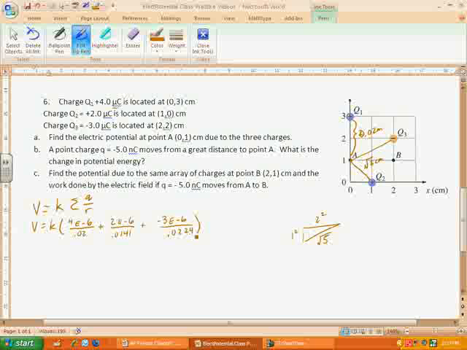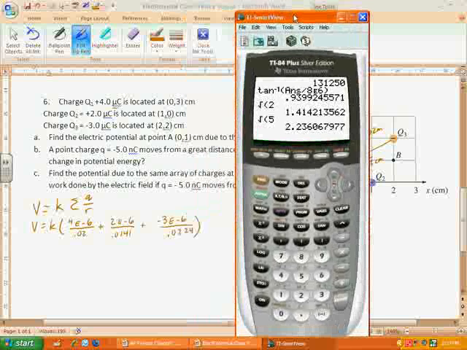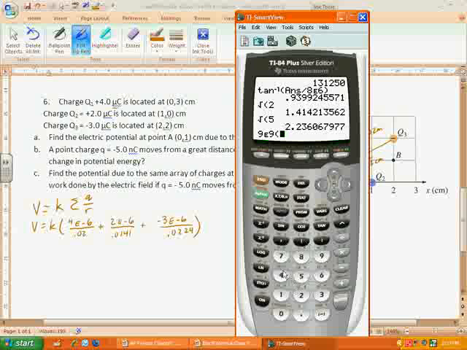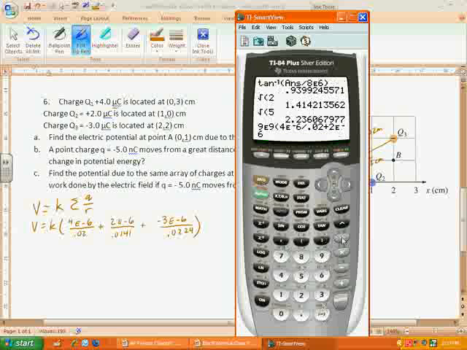So let's go ahead. K is, of course, 9 times 10 to the 9th. And then we've got 4e to the negative 6th over 0.02 plus 2e to the negative 6th over 0.0141 plus a negative 3e to the negative 6th divided by 0.0224.